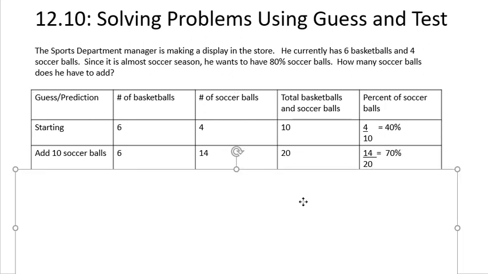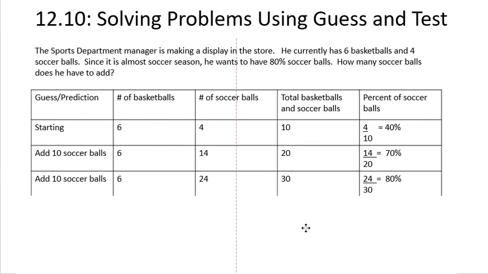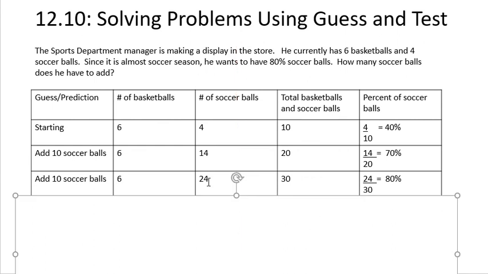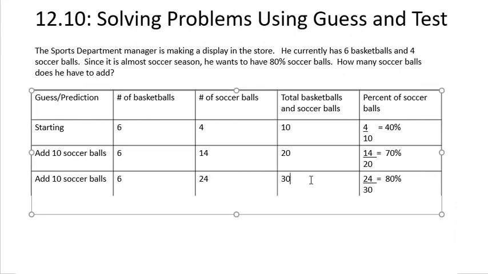I've got to keep going. I'm going to add 10 more soccer balls. So here I have the same number of basketballs, it has not changed. It's still 6. I'm going to add my 10 soccer balls. I'm now at 24. And my total number is now 6 plus 24. I have 30 pieces of equipment. But my soccer balls are now 24.